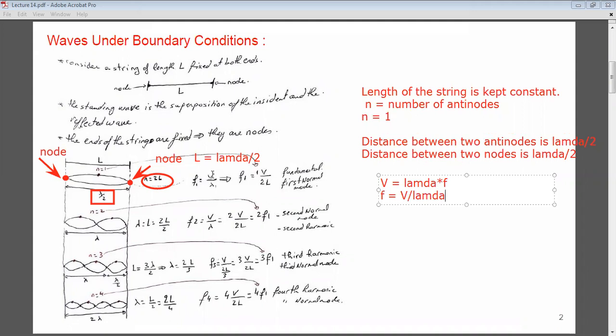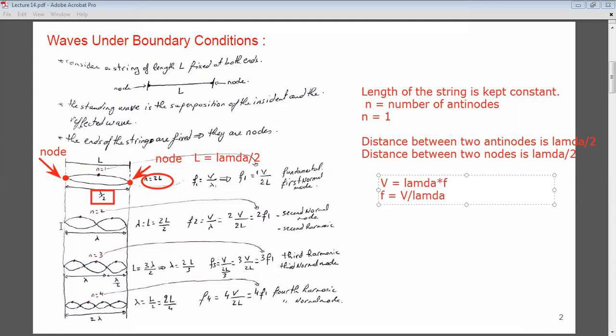Remember that V is constant. It doesn't depend on the frequency and lambda. So here I have F1 is 1V over 2L, with lambda 1 equal to 2L.